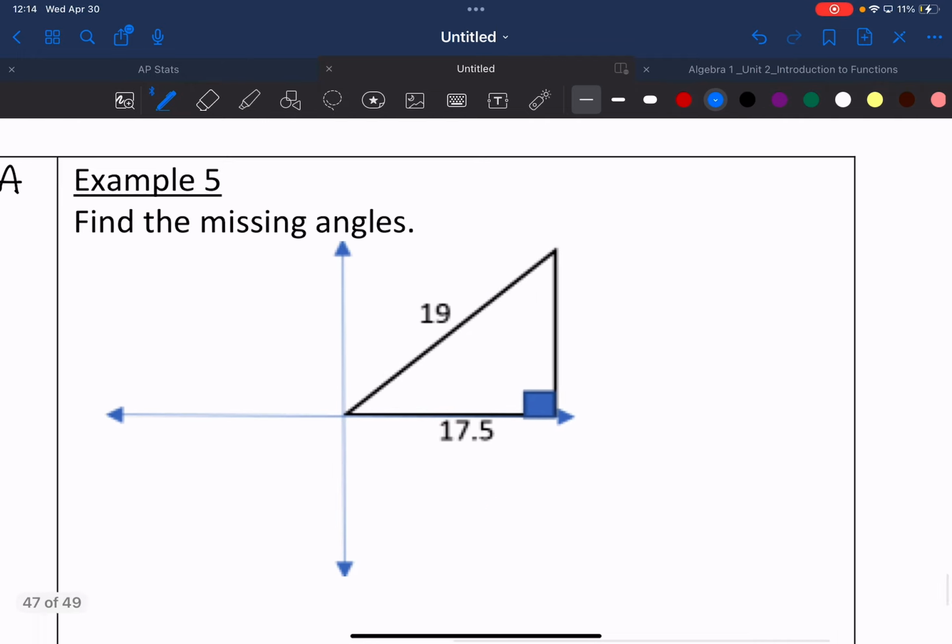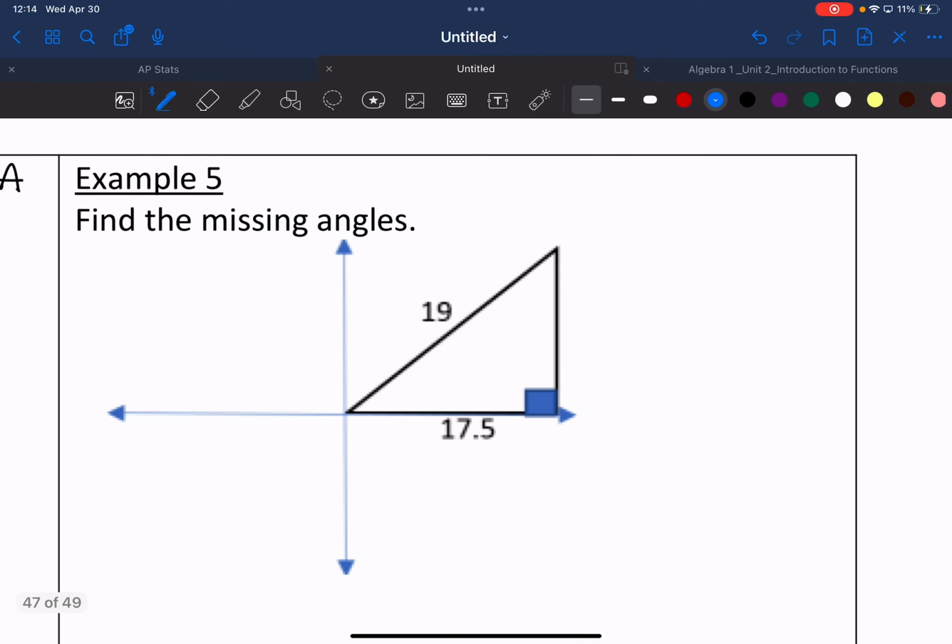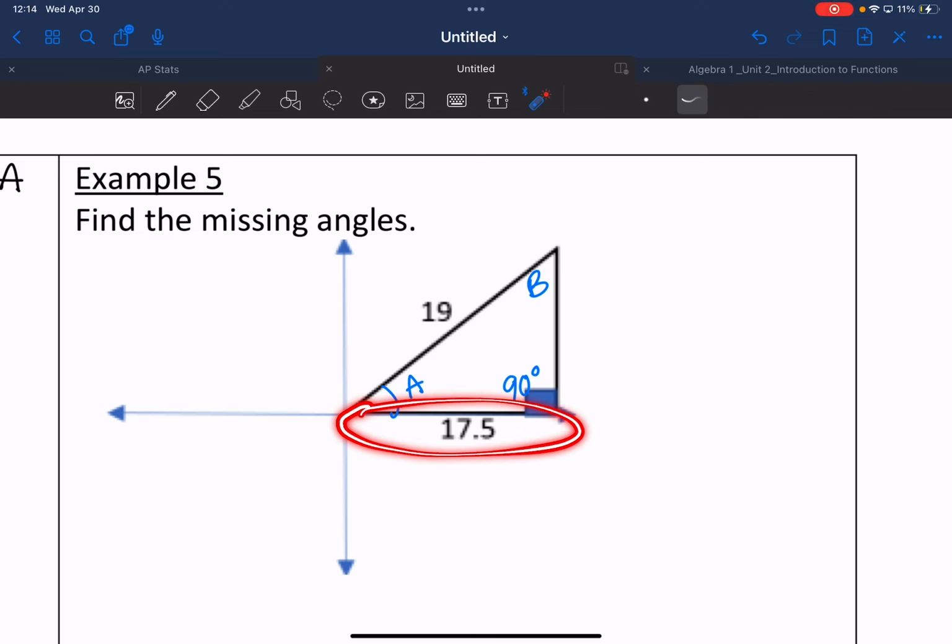Number 5. So notice on number 5, we're given a leg and we're given the hypotenuse. We also know that this angle right here is 90 degrees, but we don't know the other two angles. So we need to find angle A and find angle B. So in order to find angle A, notice that we have this leg right here, which is opposite or adjacent?